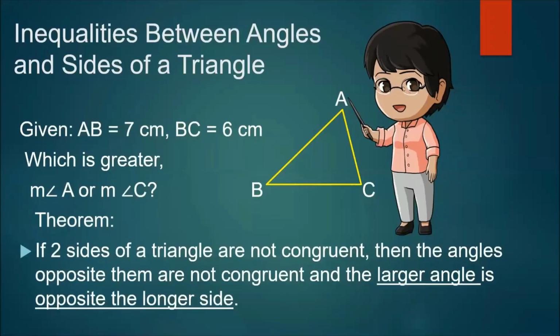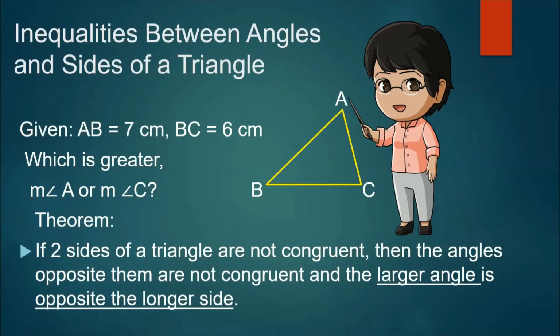Inequalities between angles and sides of a triangle. In triangle ABC, we are given that AB is equal to 7 cm and BC is equal to 6 cm. Which is greater, the measure of angle A or the measure of angle C?